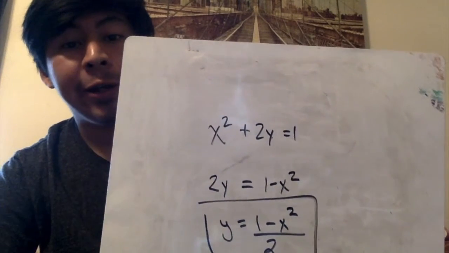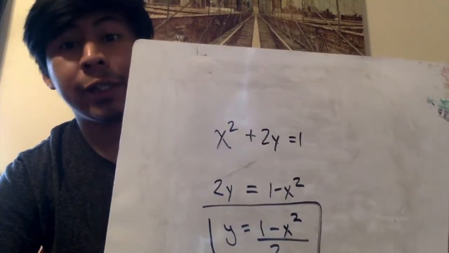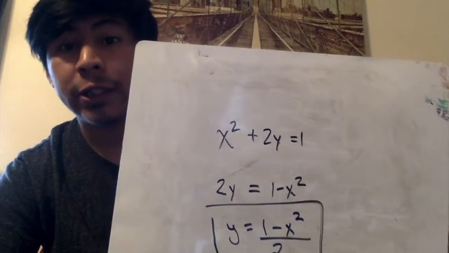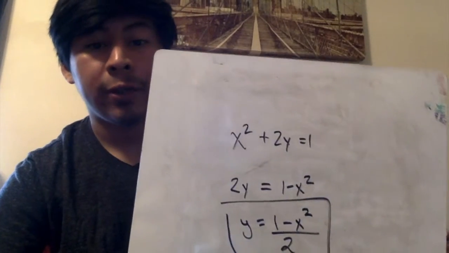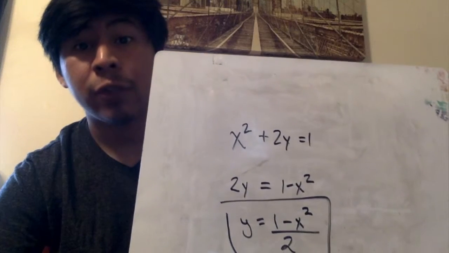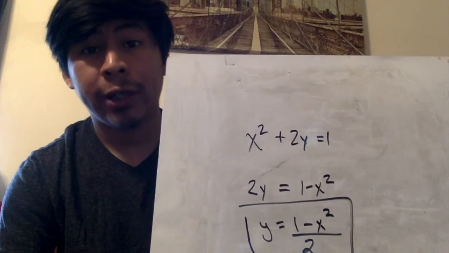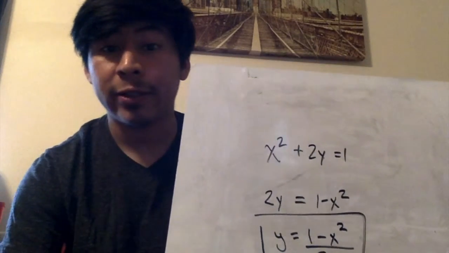So your y could be anything from negative infinity to infinity. If you don't know how to tell what the domain and range of a function is, you should probably go ahead and look at some other videos talking about that kind of stuff.